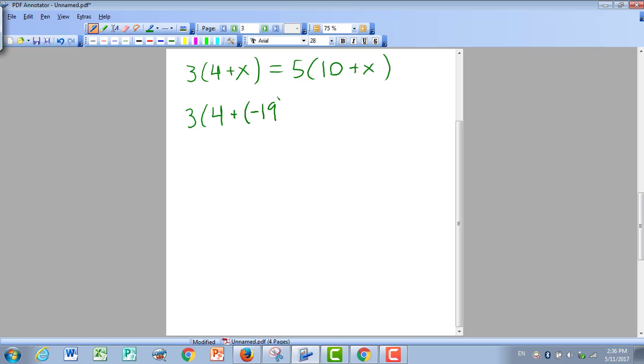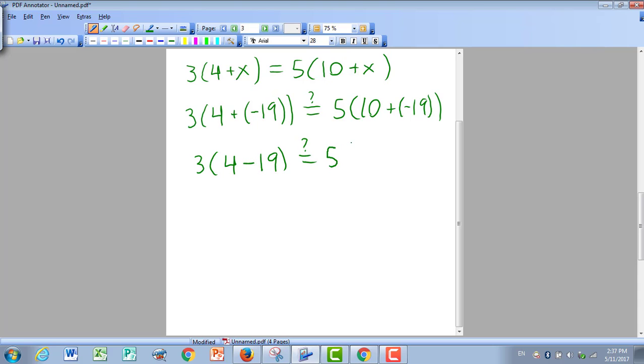Does 3 times (4 plus negative 19) equal 5 times (10 plus negative 19)? First thing I'm going to do is rewrite. Plus a negative is the same as subtracting, so I like to just see it like this: 3 times (4 minus 19). Does it equal 5 times (10 minus 19)?